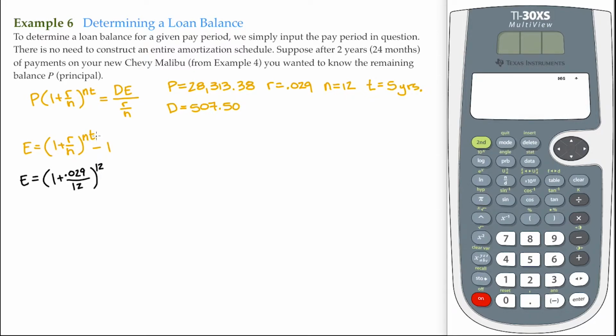But the time here, T, originally when we first found the payment for the $28,313.38, was 5. We're now partway through. How far through are we? Well, it says suppose after 2 years, it's 24 months. So we still have 3 years yet to pay. So that's what I'm going to put in, 3. Or you can think of this as 36 months after 24 months have gone by. And then we subtract 1.